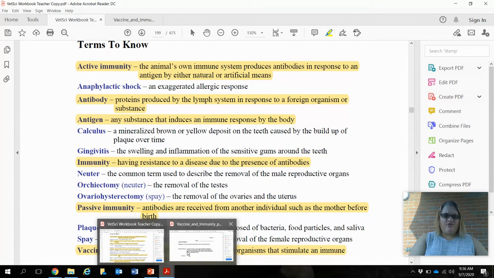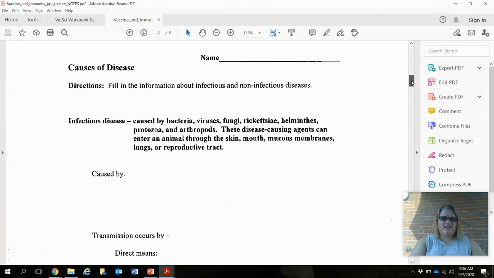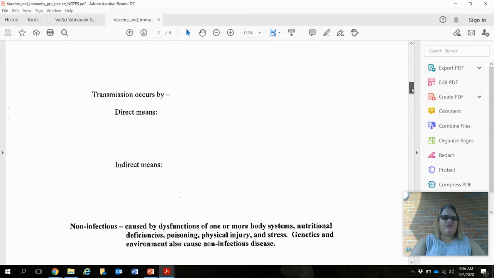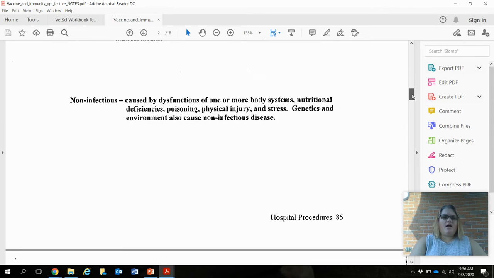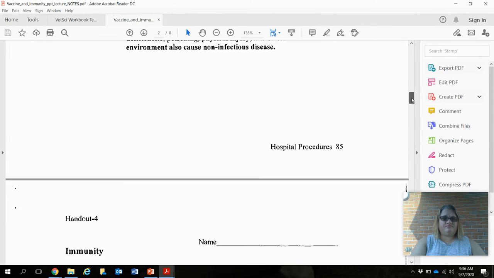All right, let's move on to the notes. So here's a copy of the notes. This is both in Schoology and we have printed them out for you, so you can take notes as we're going through the PowerPoint. This starts off with infectious diseases, what they're caused by, transmission, non-infectious diseases.